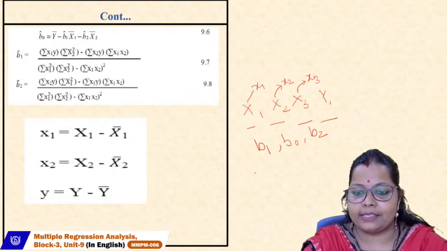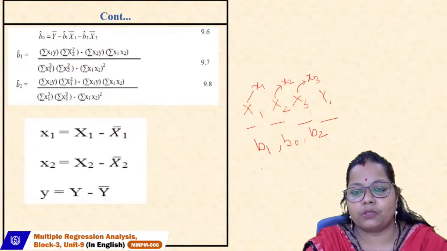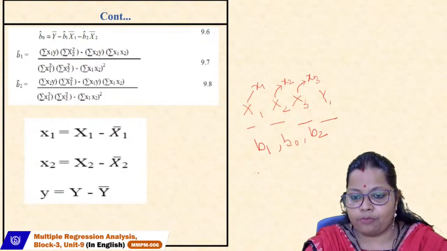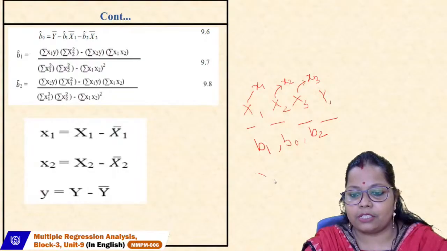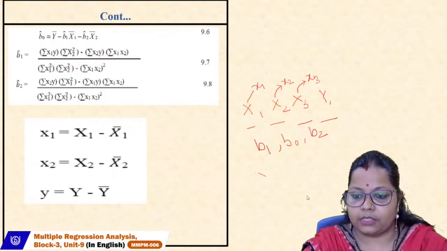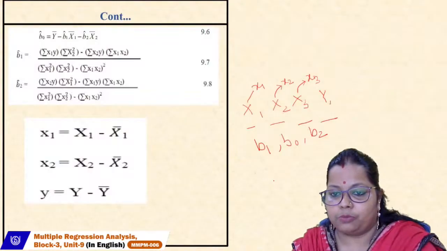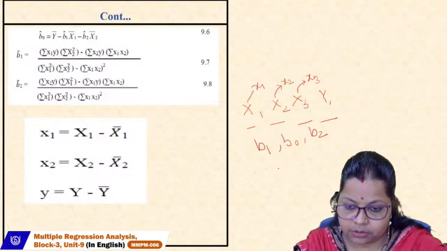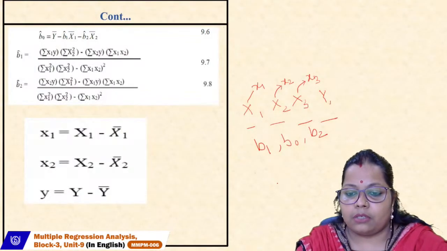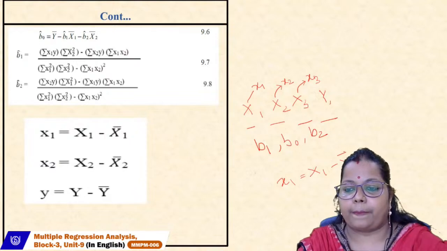The formula behind this is, as in the correlation analysis, in Karl Pearson's correlation coefficient, from capital X1 we were finding the small x1. The formula for small x1 was x1 minus x bar.